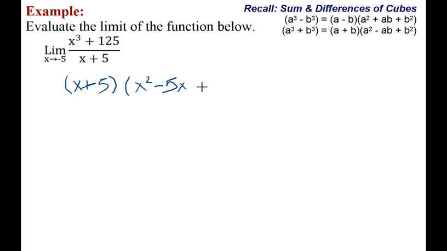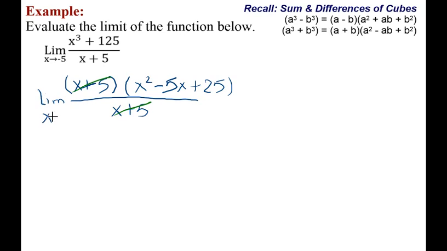And then your b squared would be 5 squared, which is 25, all over x plus 5. So in this case, on the numerator and denominator, we would be able to simplify out the x plus 5.